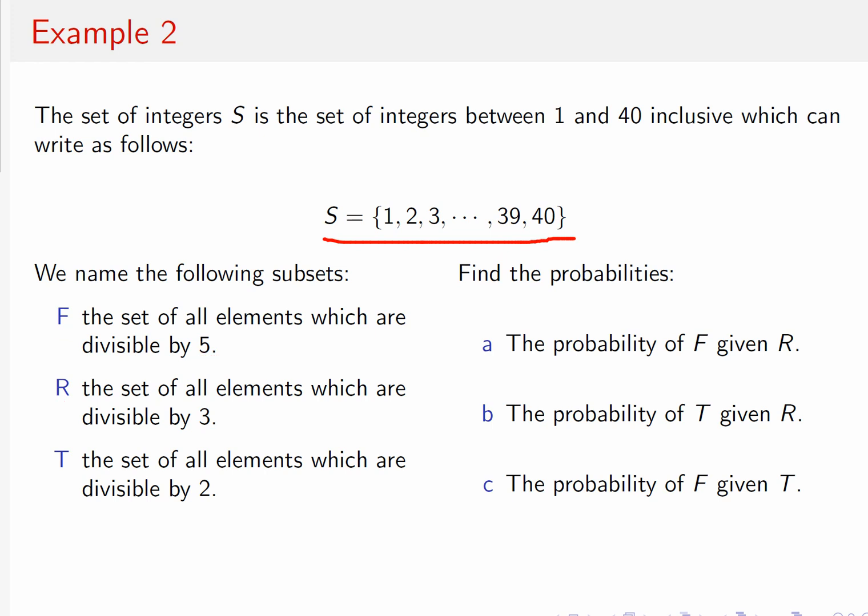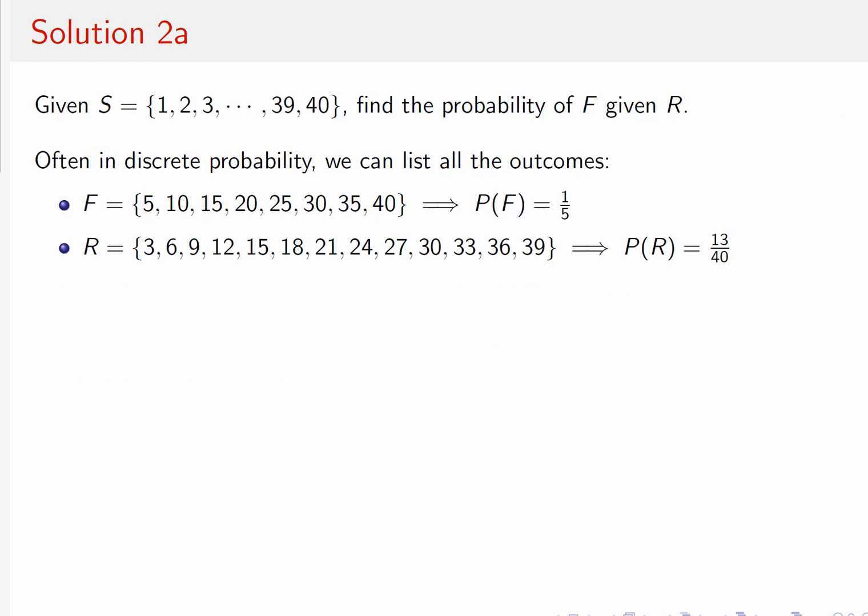For part A, I went to some trouble to make sure that we had good information, so I listed the entire sets. The set F is the values 5, 10, 15, 20, 25, 30, 35, and 40. This is true in discrete probability: if the event sets we're looking at are reasonably small in terms of cardinality, we can just list everything in them.